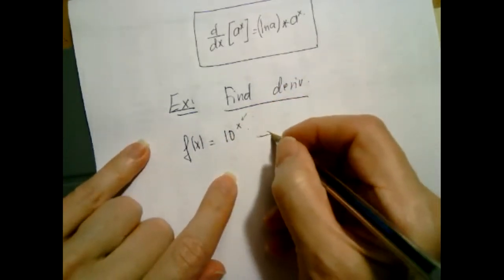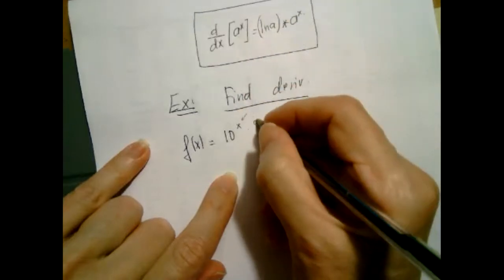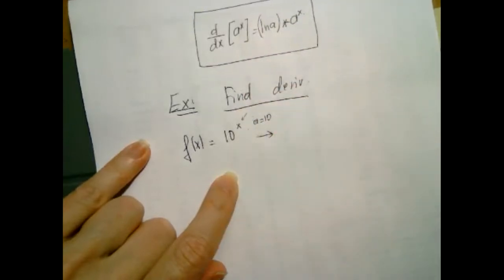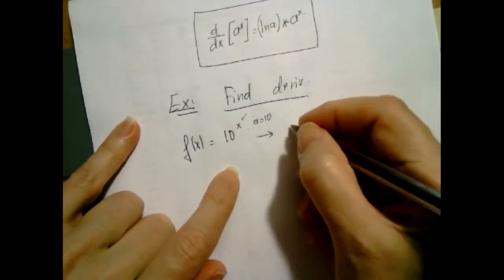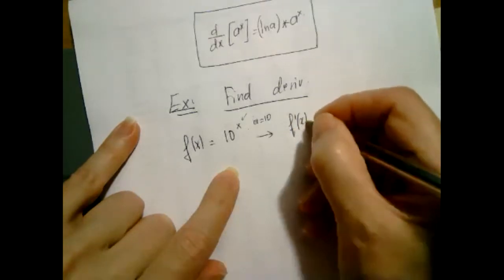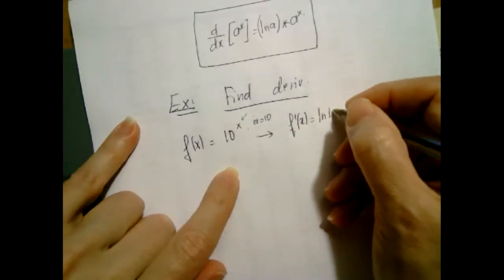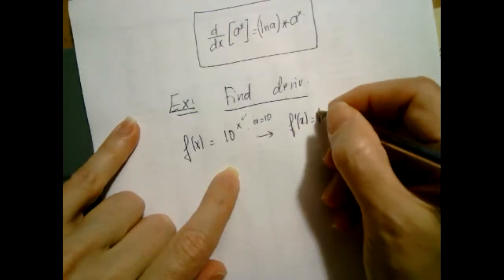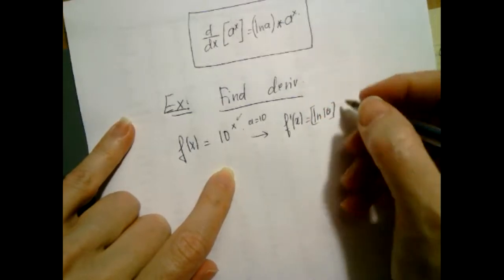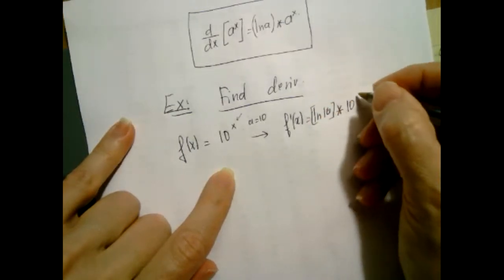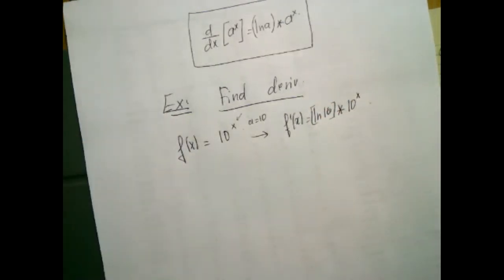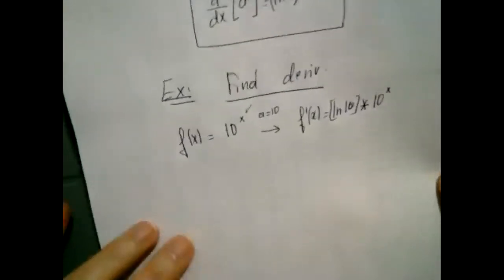So in this case, what's playing the role of a is 10. So my derivative is going to be the natural log of 10, which is a number, times 10 to the x. All right, so that's how we apply this.